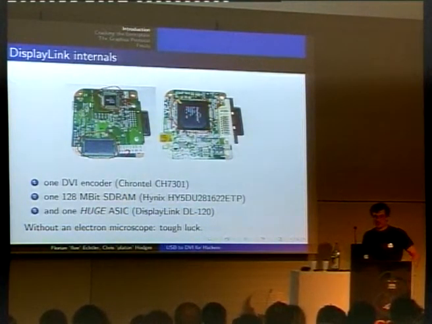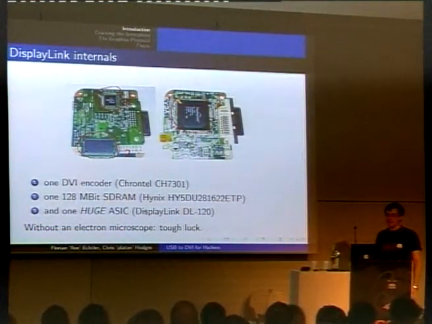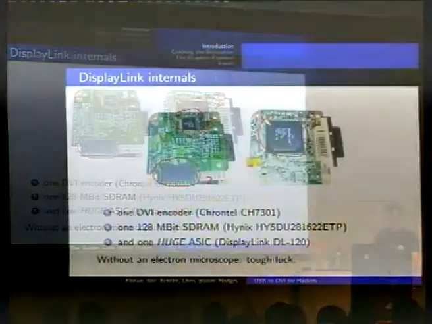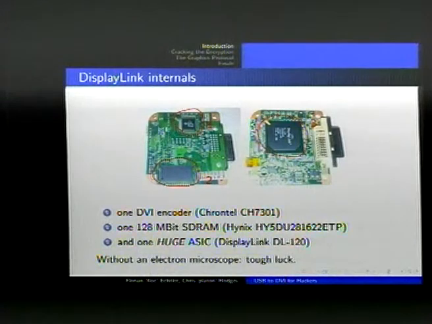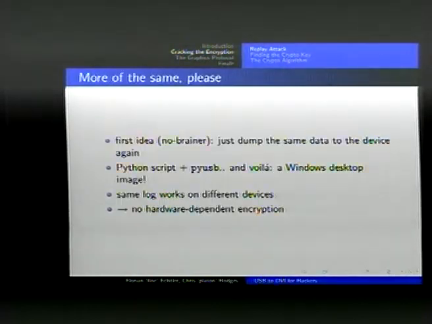We didn't have the equipment to sniff any of the data going over the bus here, and we didn't have any tech to look inside the ASIC itself. So tough luck. We had to use some different method. We had to try to crack the encryption in some way, and I'll try to tell you a bit about how we did this.